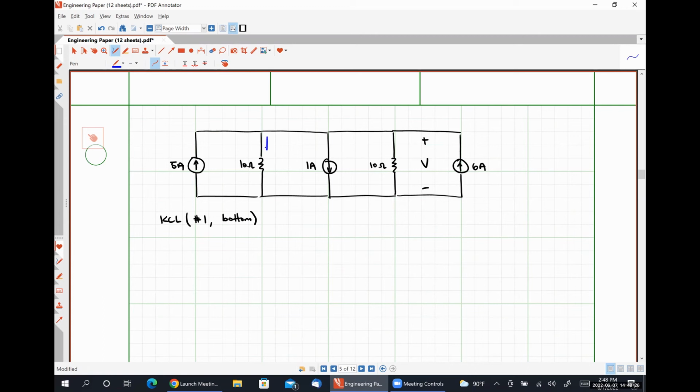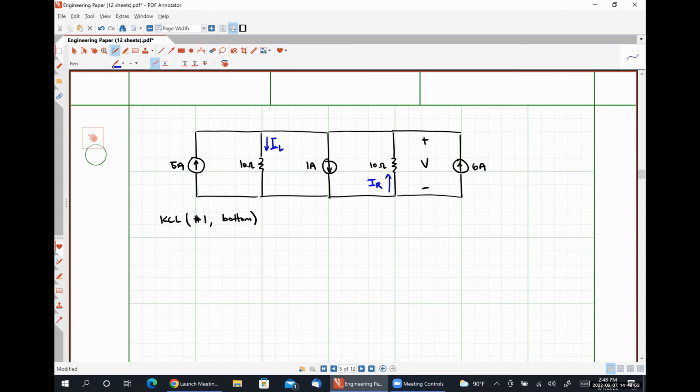So I'm going to call this current right here I sub L, because it's for the 10 ohm resistor on the left, and I'm arbitrarily choosing that one to be down. And I'm going to call this current right here I sub R for the current flowing through the 10 ohm resistor on the right, and I'm arbitrarily choosing this one to be up.